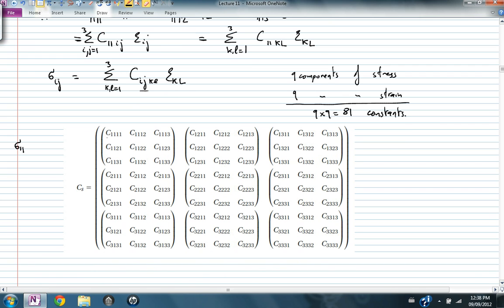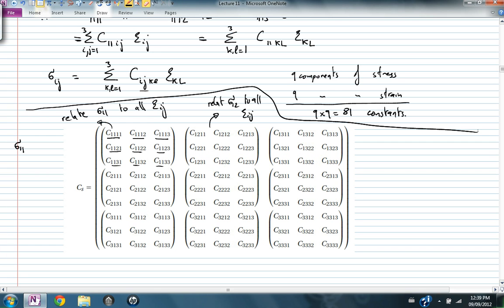So sigma 11 is equal to C1111 multiplied by epsilon 11 plus C1112 multiplied by epsilon 12 plus C1113 multiplied by epsilon 13, and so on. So these constants relate sigma 11 to all epsilon ij's. These relate sigma 12 to all epsilon ij's. And so on. So in general, I'm expecting 81 constants.